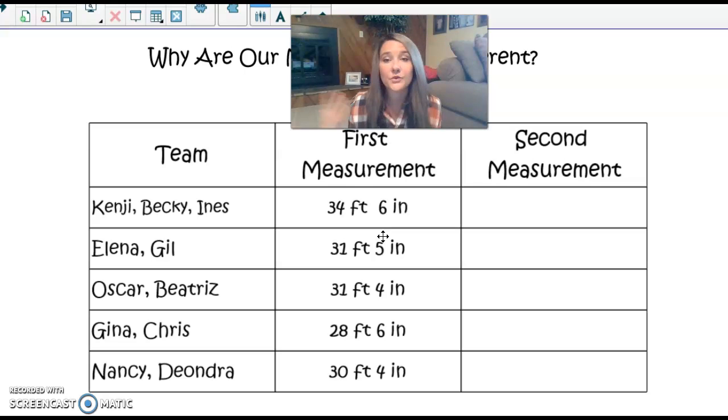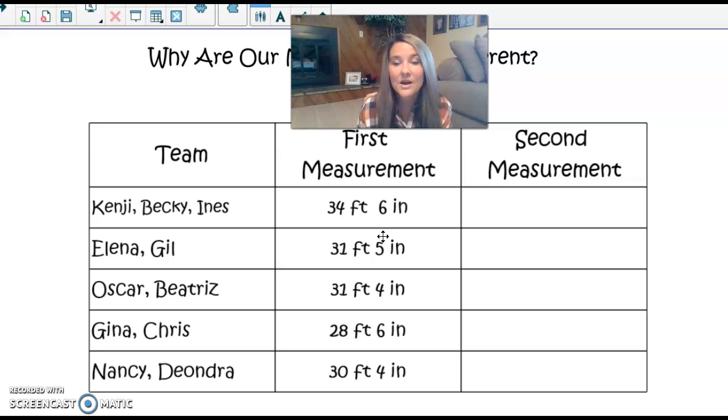So make sure when you are measuring across the classroom or the room that you're measuring, that you are using the correct measuring tool, that you are not leaving any gaps or overlaps in your measurements, and be as precise as you can with your measuring tools and when you calculate the total distance. Okay?